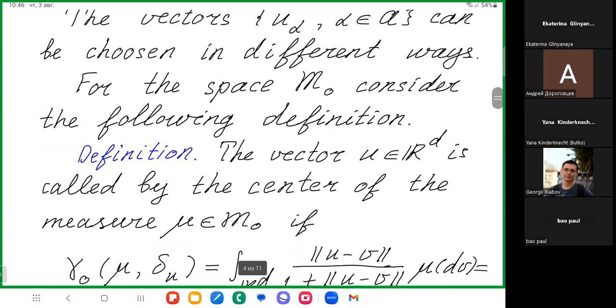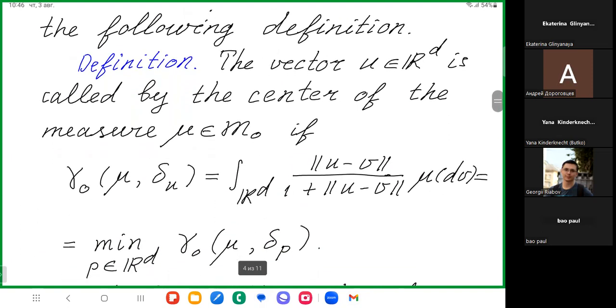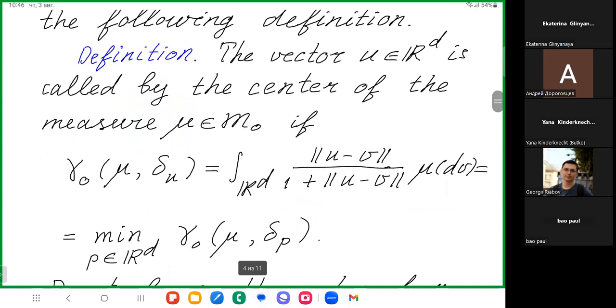The vector u belonging to R^d is called the center of the measure mu if the delta measure concentrated at this point, delta u, realizes the minimum of distances between our measure mu and different delta measures on the space.